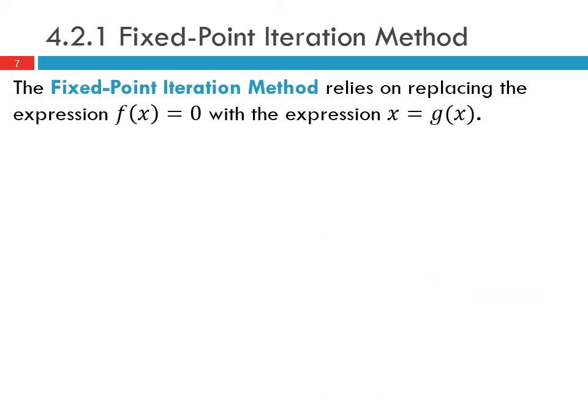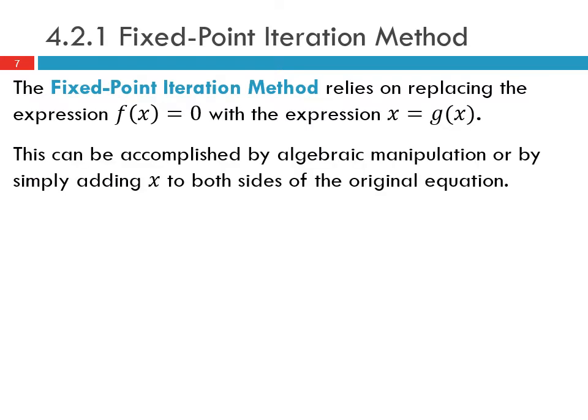So the fixed point iteration method relies on replacing the expression f of x is equal to 0 with the expression x equals g of x. This can be accomplished by algebraic manipulation or by simply adding x to both sides of the original equation.